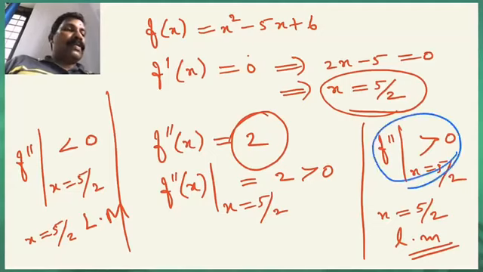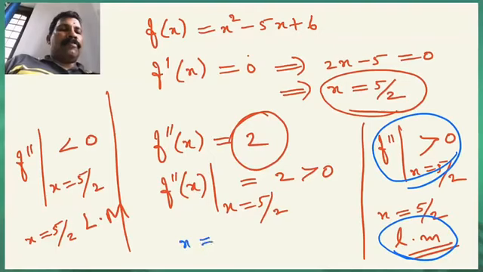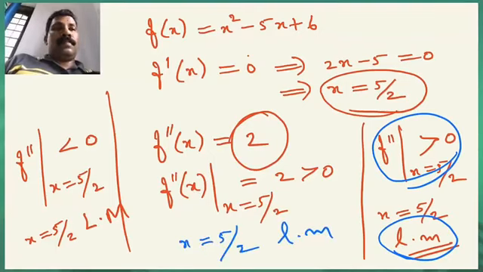Positive means, as I told you, the point x equal to 5 by 2 will be a local minimum. So it is very easy to use the second derivative test to find a point of local minimum or maximum.